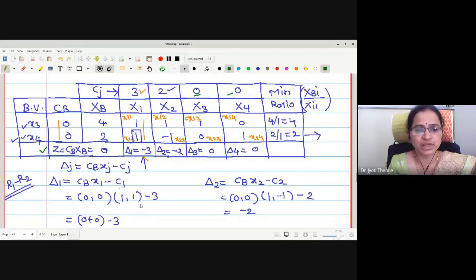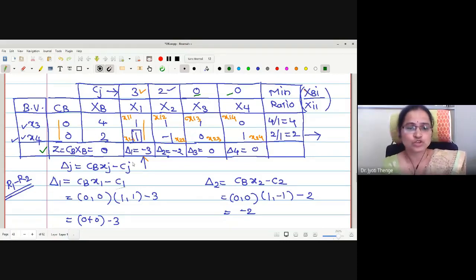CBX1 minus C1 will be 0, 0 times the vector, minus 3, giving 0 minus 3. Likewise, we have calculated the net evaluation for all the remaining. Now, the optimality test tells us that if all delta j's are non-negative, then the solution is optimal. But here we have obtained two net evaluations that are negative.